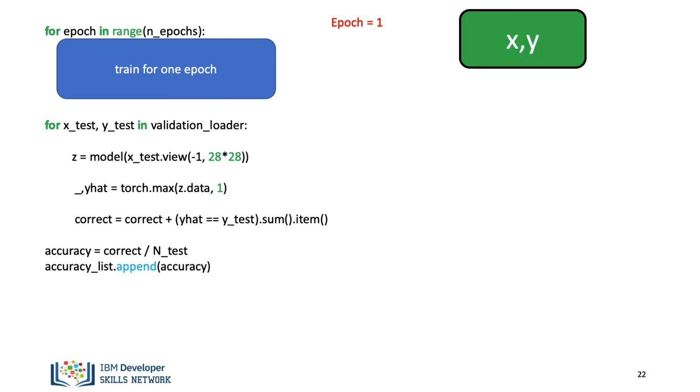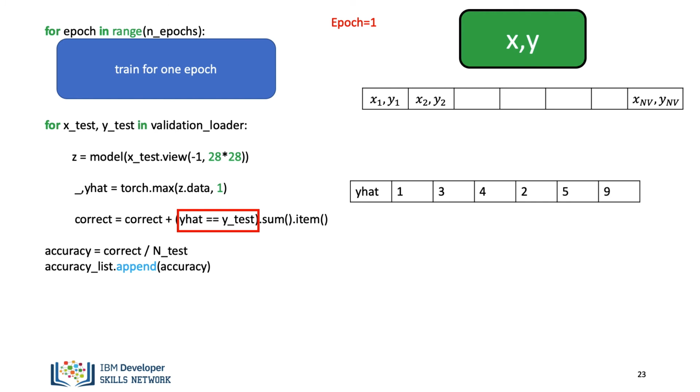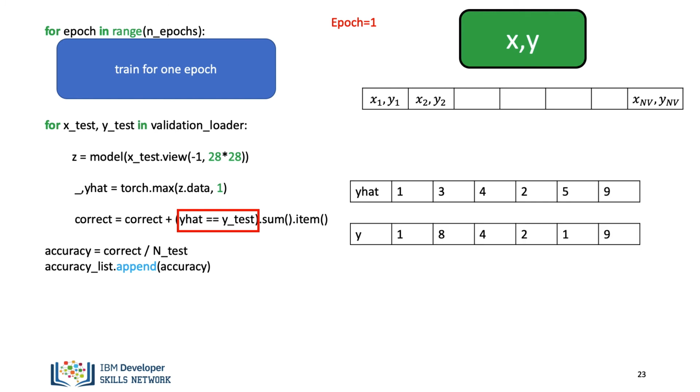Let's take a closer look at how our validation samples look. These two lines of code will first produce an output. Then they will calculate the max of the predicted output on the validation data. Let's take a closer look at this line of code. If we look at our predicted class y hat, we'll get the largest element of z, and y test will be our actual classes.